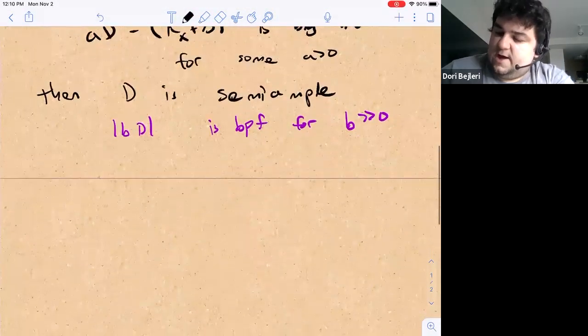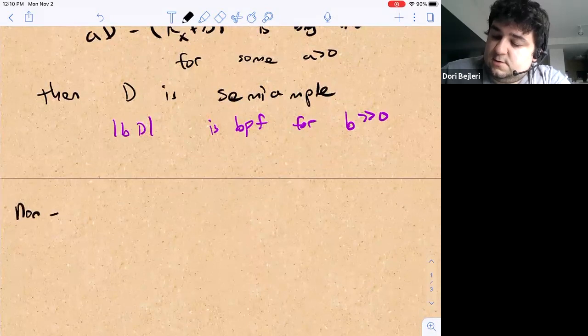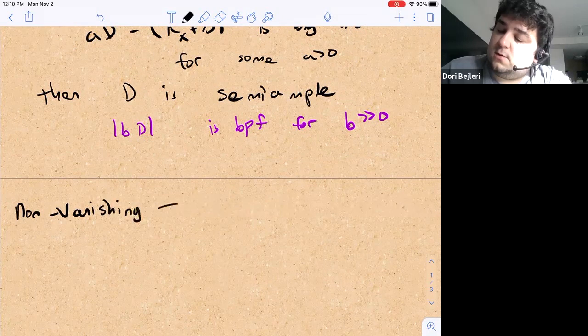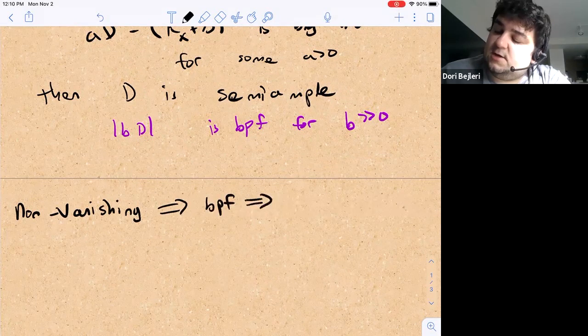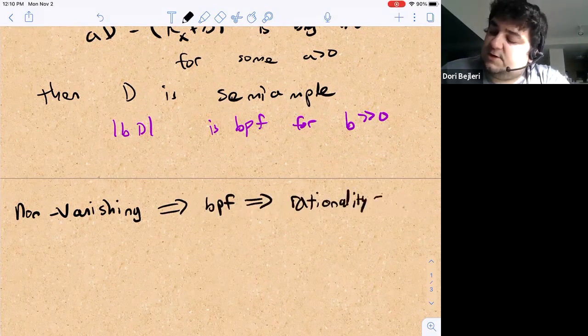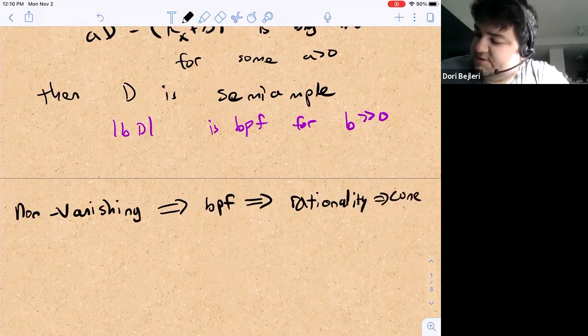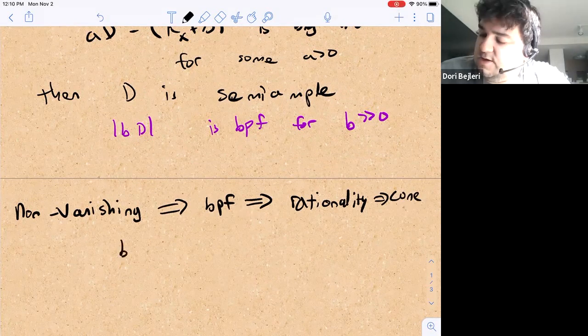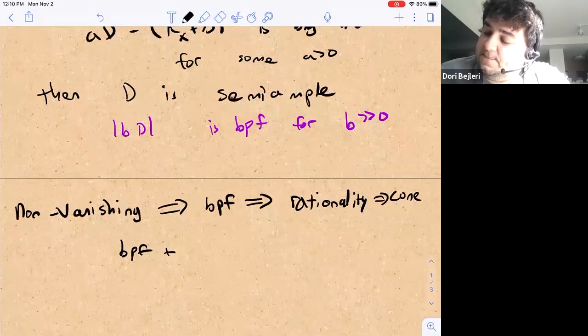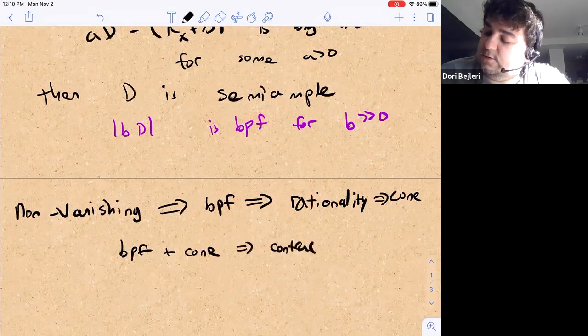So the idea is that non-vanishing implies the basepoint free theorem, which implies rationality, which then implies the cone theorem. And then basepoint free plus cone implies contraction.